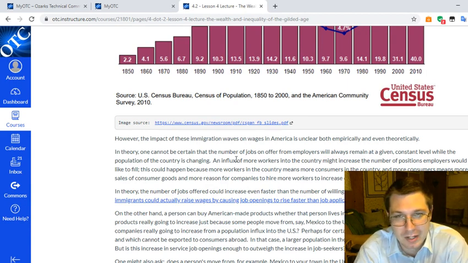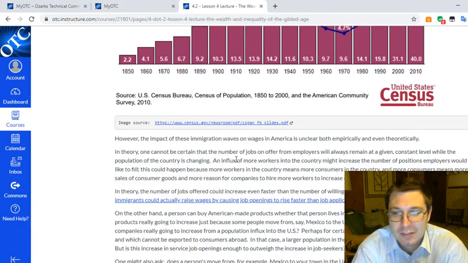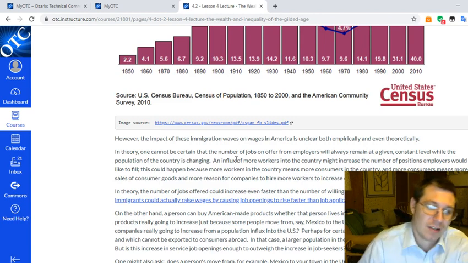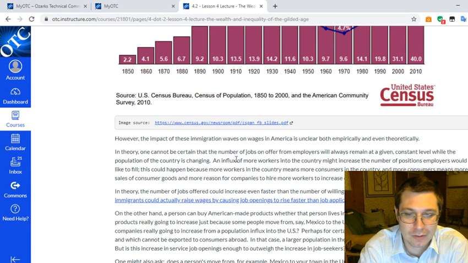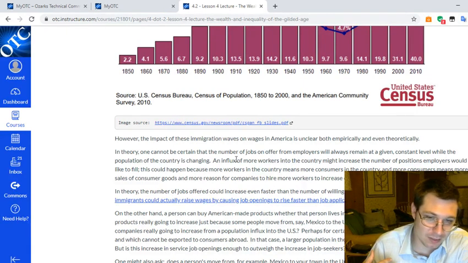So even if they're buying American products now in the U.S., there might not be any difference in sales. Consequently, are the job openings at American companies really going to increase from a population influx into the U.S.? Before they were buying American-made goods in Mexico, now they're going to buy American-made goods in the U.S.